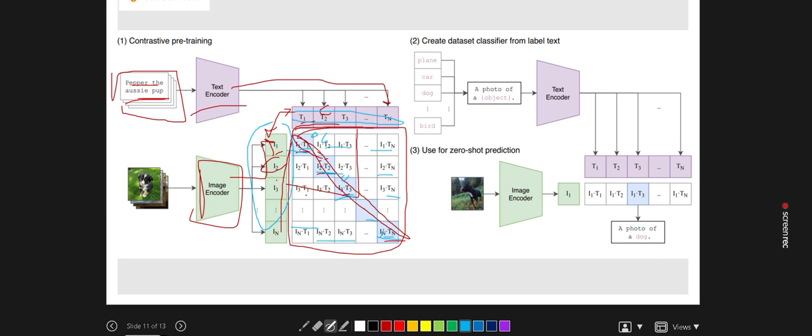For image 1 there is text 2 here, for image 1 there is text 3, up to n, right? So we want to minimize these values because we want the model to learn that these are not related to the image and this one is related to that image.